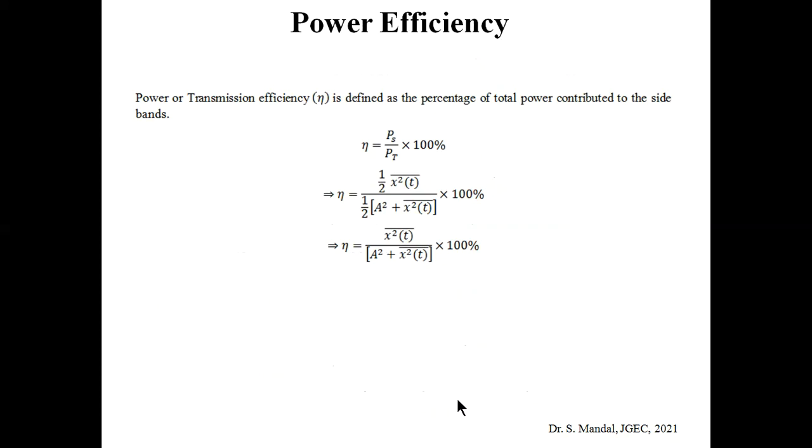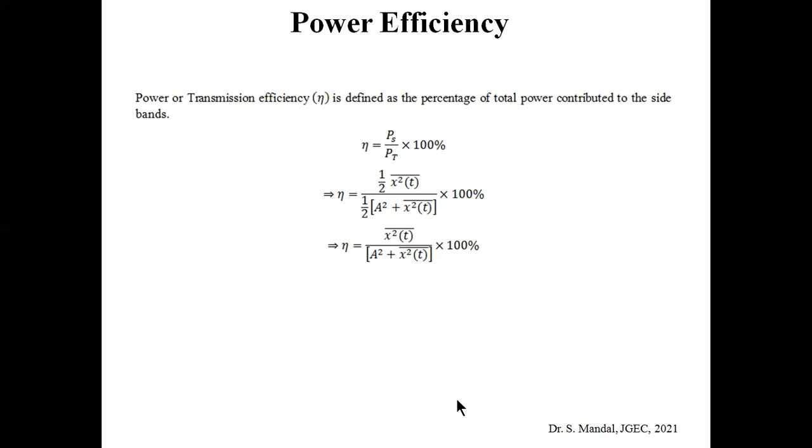Now the power efficiency calculation. How can you calculate the power efficiency or transmission efficiency? It is defined as the ratio of sideband power to the total power. The actual information is embedded in the sideband, but along with the modulated wave we are also sending the carrier wave, so obviously some power is wasted. That's why we want to find the efficiency.